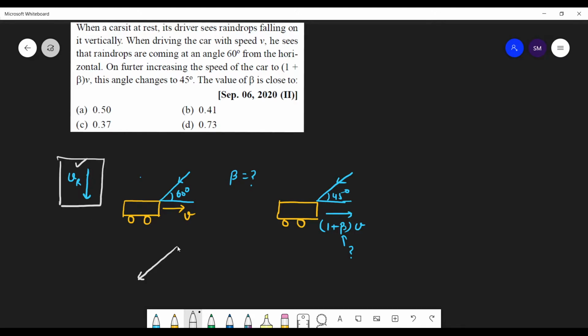The velocity of rain is vertical, so this will remain the direction. But now this is the resultant. This is the velocity of rain when the car is at rest.